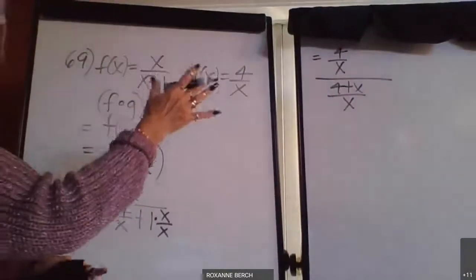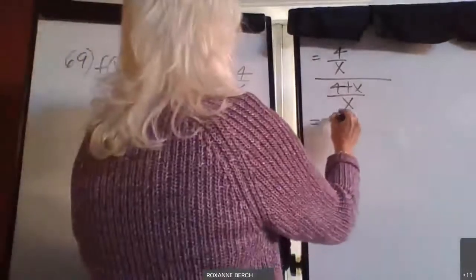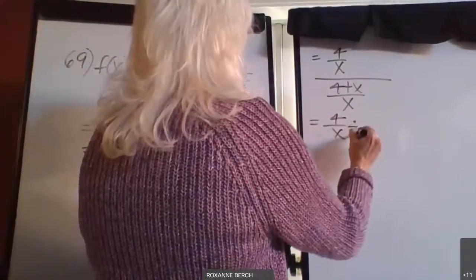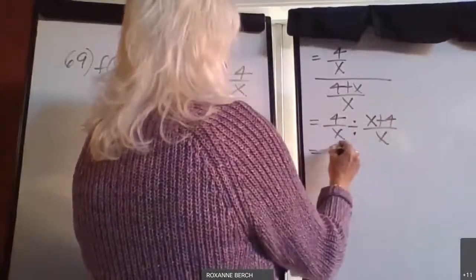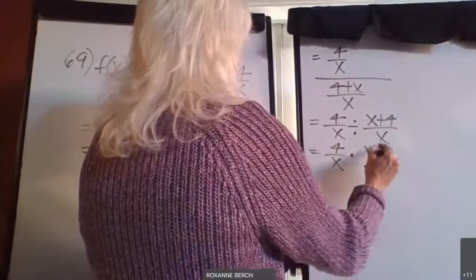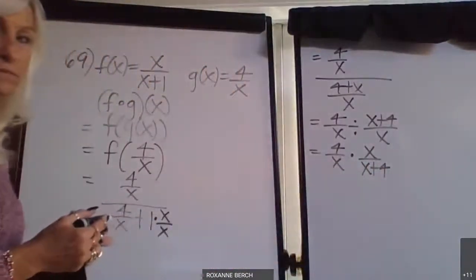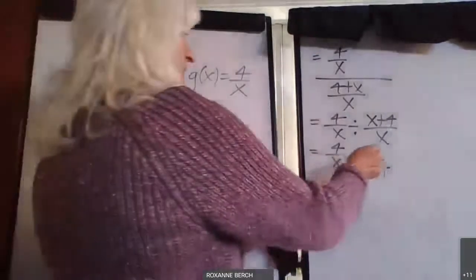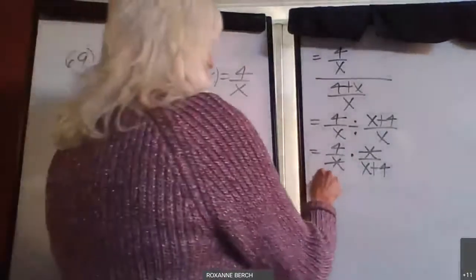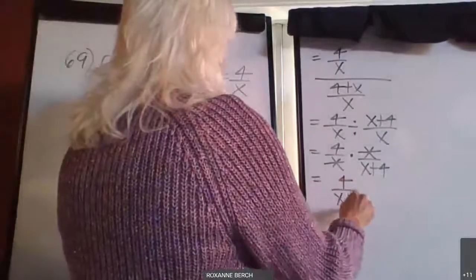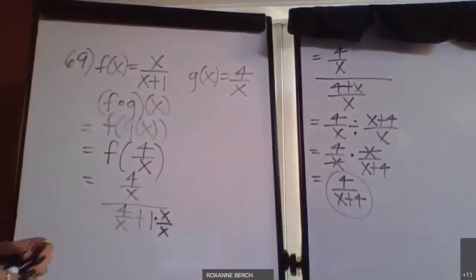And now that it's simplified, can't cancel those x's, you lay the stack out flat. So now you have 4 over x divided by, I'm just going to write that as x plus 4 divided by x. And remember what you do? You change it to multiply and take the reciprocal. So because this is multiplying, you can't cancel those x's. So you end up with 4 over x plus 4. And that is the composition.